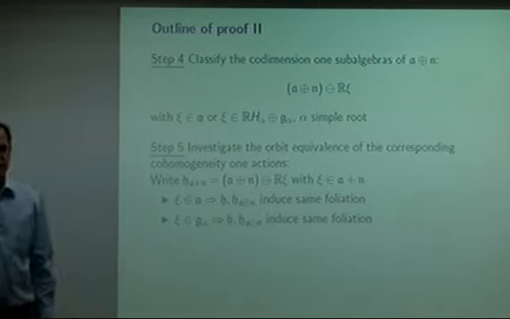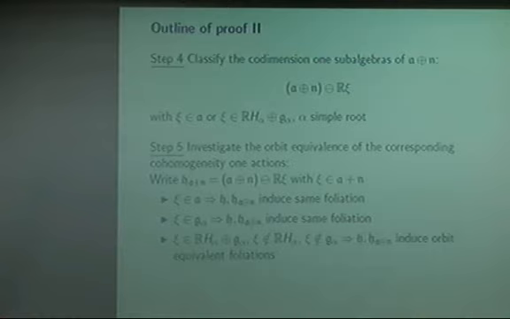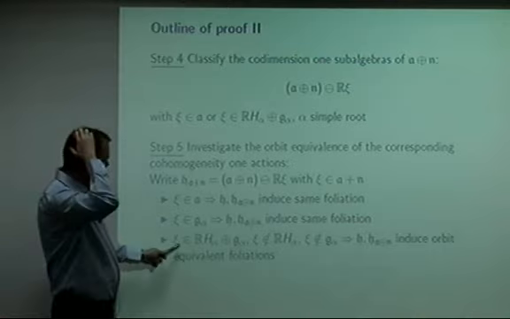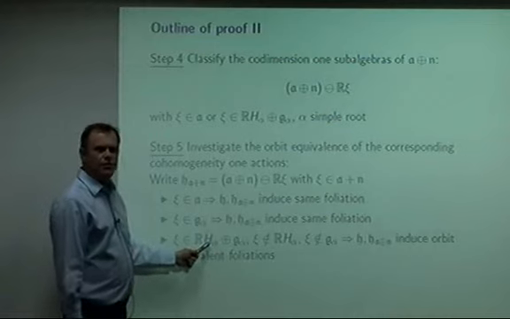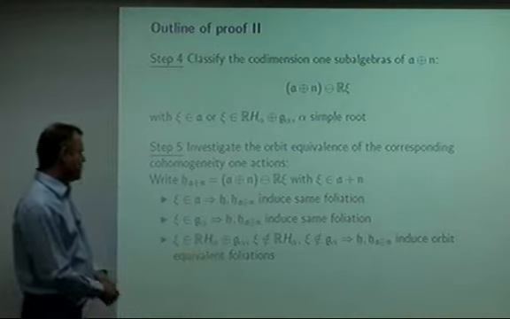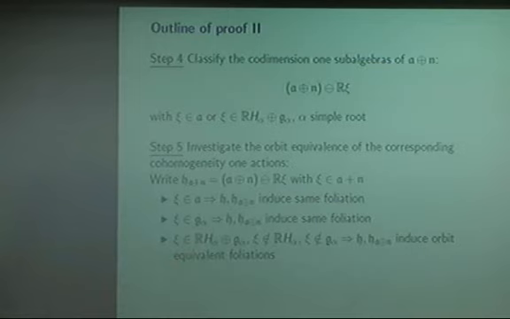They induce the same foliation, but it is not true if psi is actually a combination of a vector in the root space and then of the corresponding root vector. But what one can show is that the corresponding foliations are orbit equivalent, or there is an isometry moving them into each other. So geometrically we don't get something else.